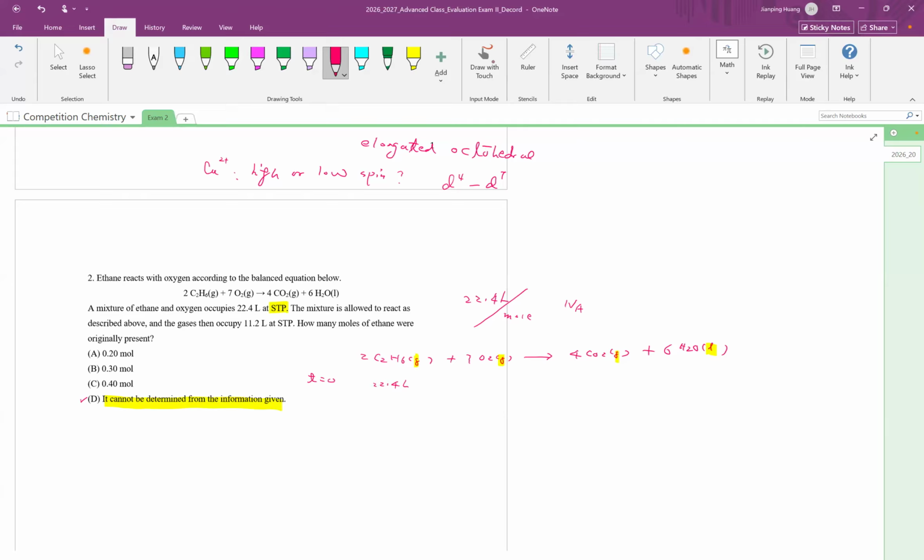Now, you are going to have a reaction. After the reaction, you return to the condition, so T equals T after the reaction. You get 11.2 liters. So what's the information we have? As we know, at STP, any one mole of gas occupies 22.4 liters.